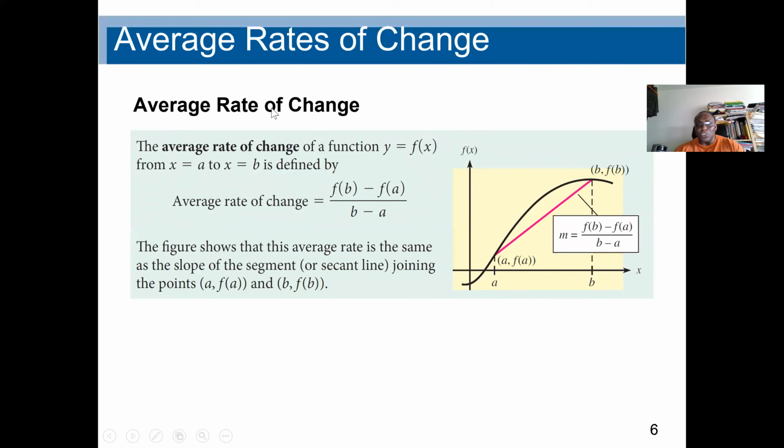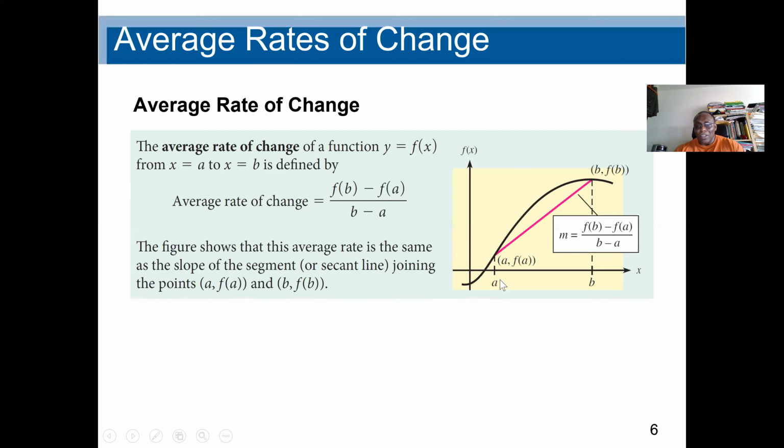So this is the average rate of change formula. We can see this is a non-linear function. Again, if it's a linear function, we can just take 2 points and find the difference of y divided by the difference of x. But when we are looking for the average rate of change of a function, the function is given as f of x, and the rate of change is from the interval a to b. Then the average rate of change will be f of b minus f of a, divided by b minus a.